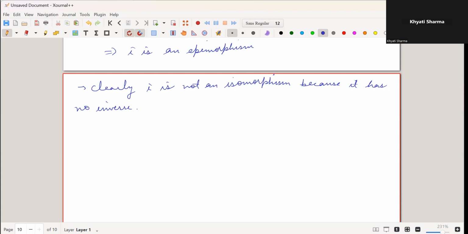That's why we just have an epimorphism and monomorphism, but not an isomorphism. So maybe we can move to the next question now.